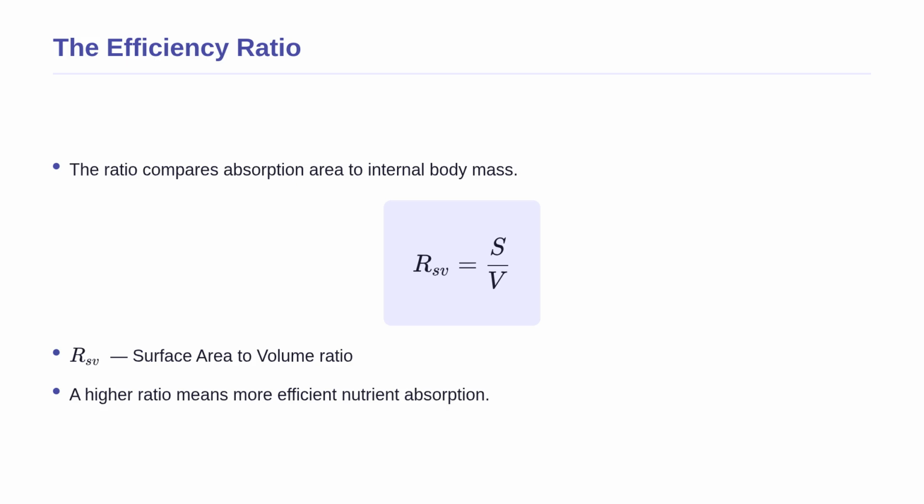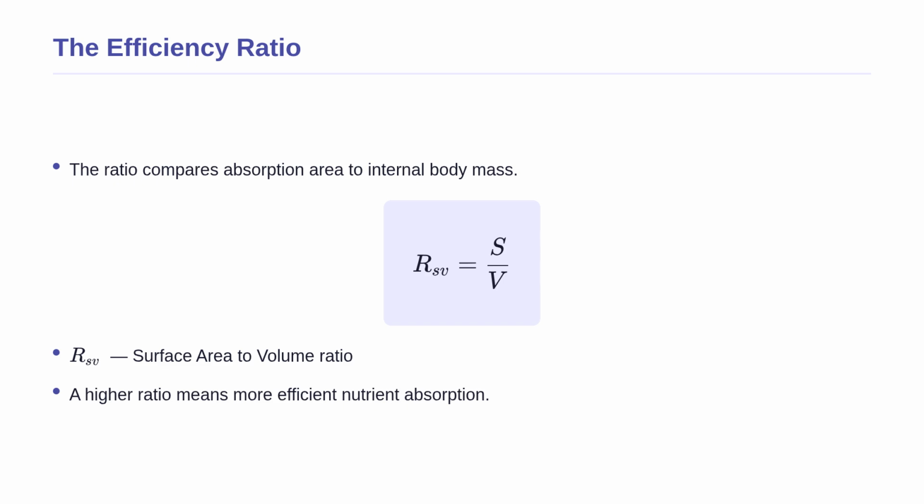Now we combine those 2 geometric properties into one crucial metric, the surface area to volume ratio. This formula is simply the surface area, S, divided by the volume, V. The variable RSV represents this ratio.